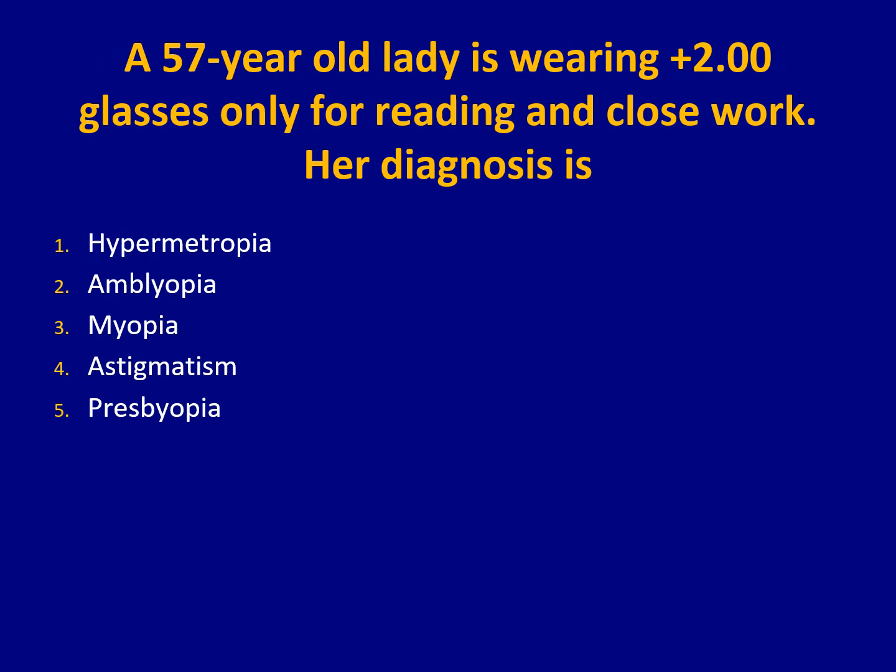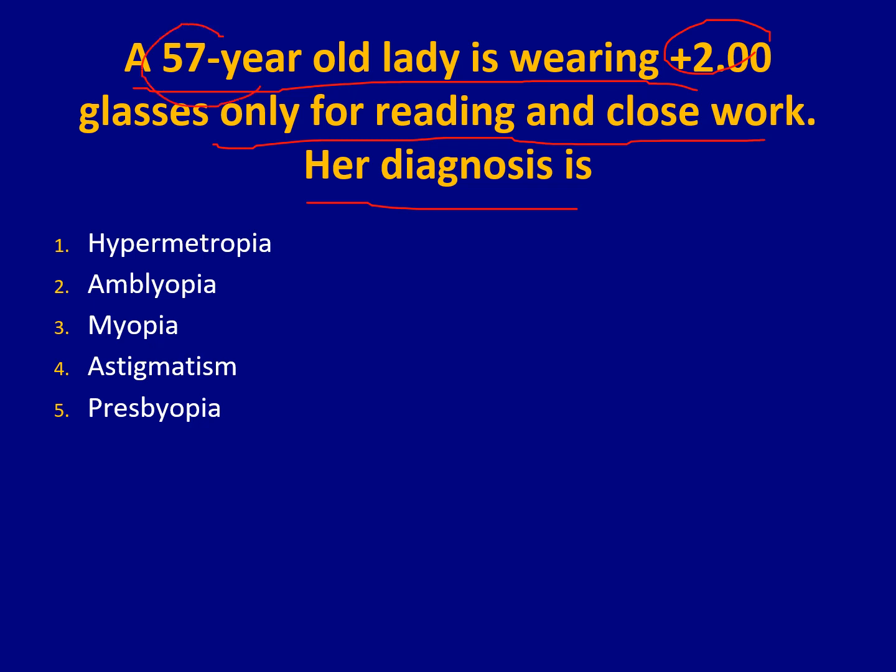Next MCQ. A 57-year-old lady wearing +2 glasses only for reading and close work. Her diagnosis is hypermetropia, amblyopia, myopia, astigmatism or presbyopia.